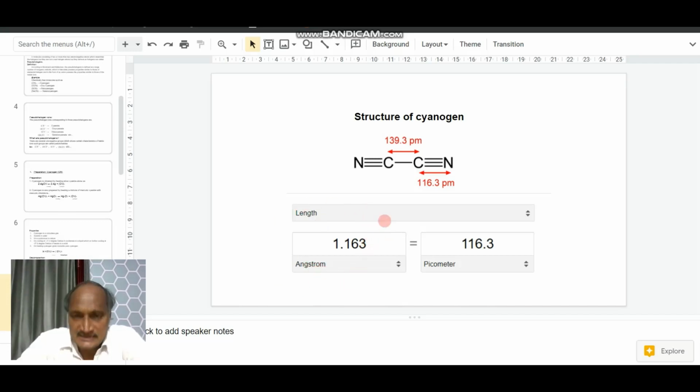Here in the structure, the values are represented in picometers, and at the bottom of the structure I have mentioned the bond length between carbon-carbon as well as carbon and nitrogen in terms of Angstrom units as well as picometers.